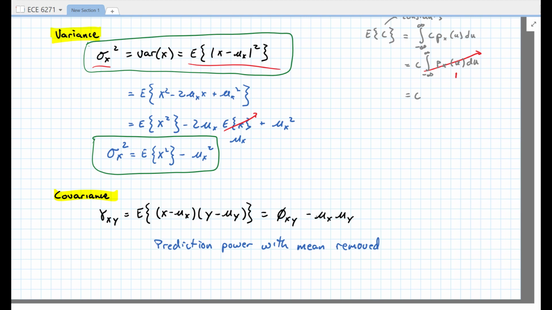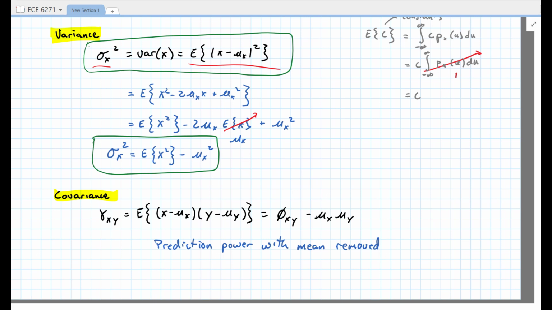It turns out that the covariance is going to be very useful to us in a variety of ways as we develop our adaptive filters. Because adaptive filters are all about what can one signal tell us about another signal, and how can we use that covariance, that relationship between the two signals, to predict one from the other.